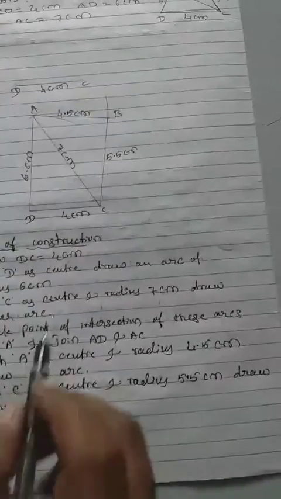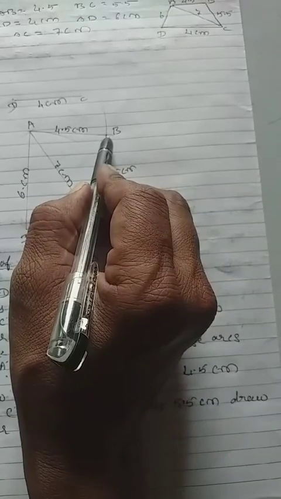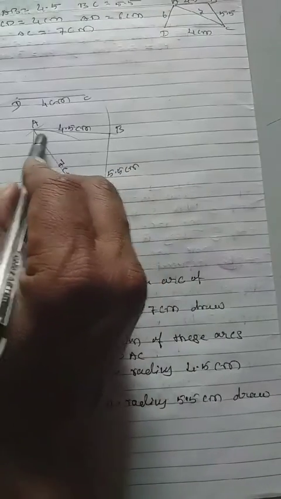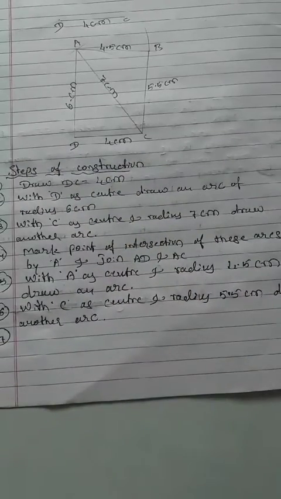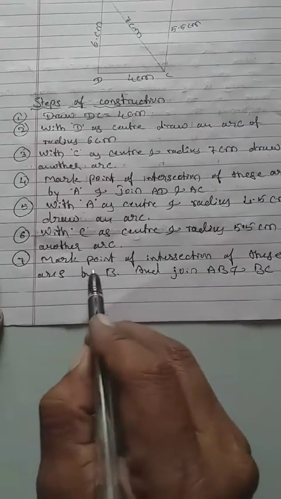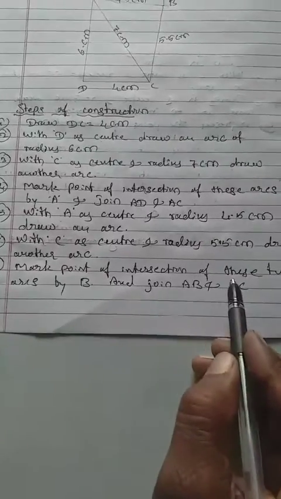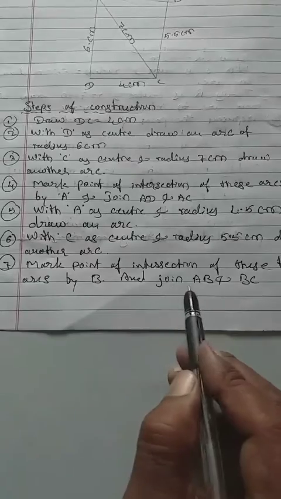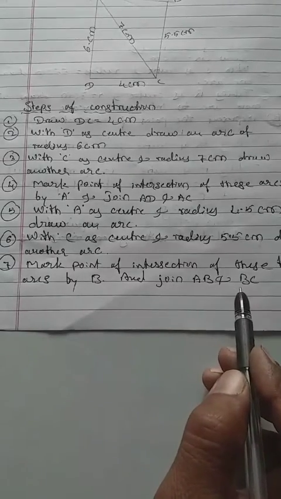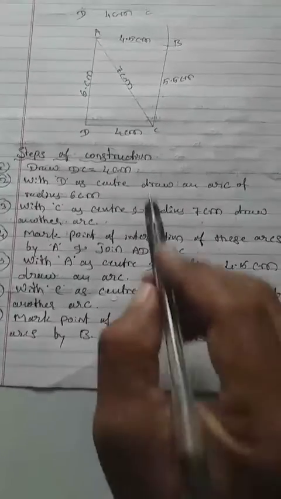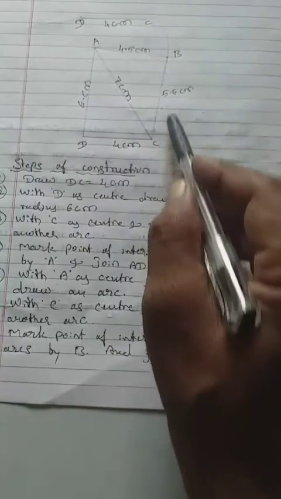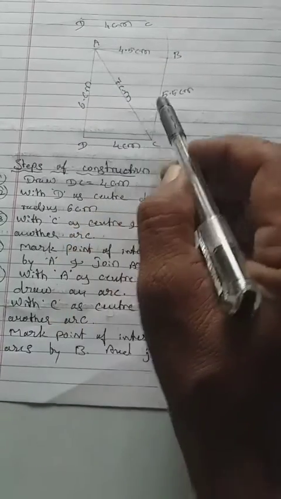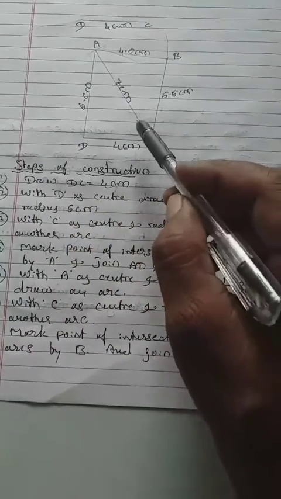Step 7, mark the point of intersection of these two arcs as B and join AB and BC. Now ABCD is our required quadrilateral with the given measures.